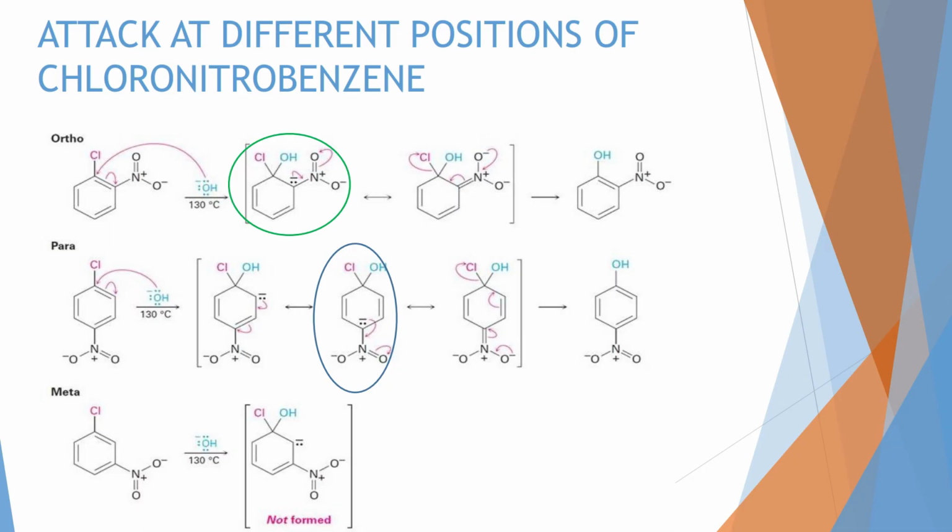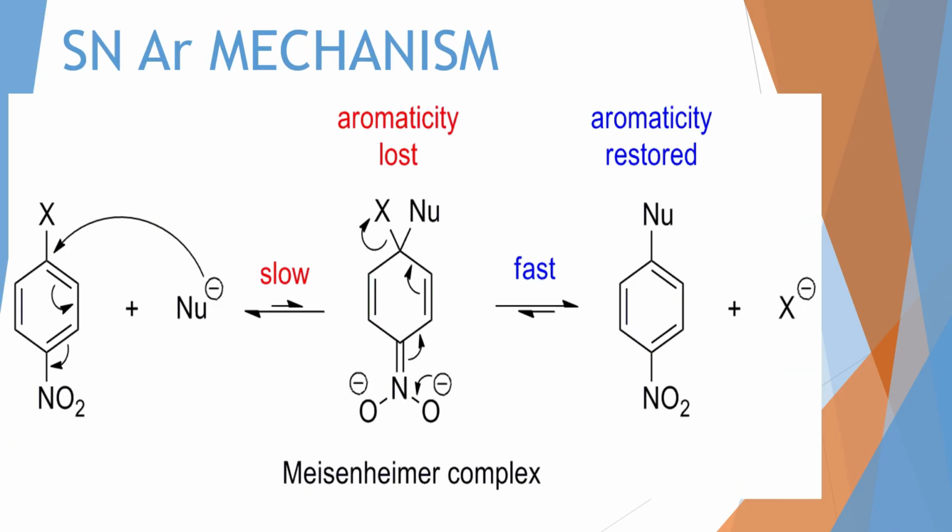Okay. So, what have you studied from this? The rate of the nucleophilic aromatic substitution reaction: you may see that the first step in the SNAr mechanism is the slow step, as there is a loss of aromaticity of the benzene ring.